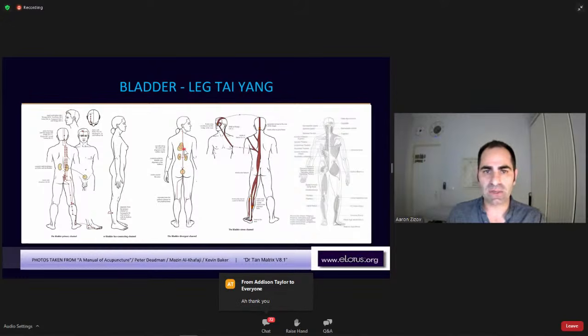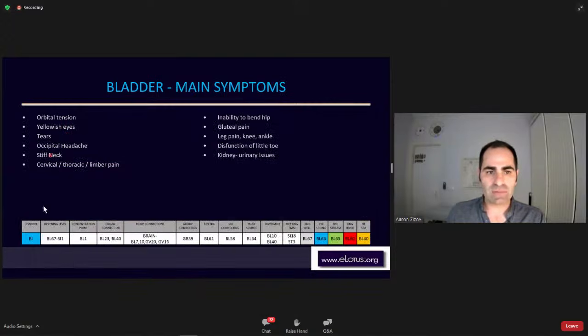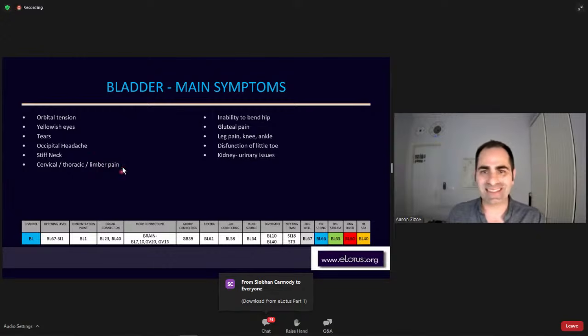So we see here a connection between the Tai Yang and Shao Yin levels. So again, everything which is connected to pain on all these areas, cervical, thoracic, lumbar, I didn't fix it, sorry, and kidney urinary issues. Okay, it also has the connection to the brain.